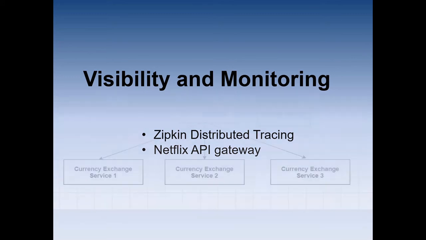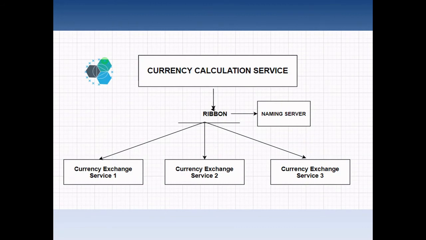Let's move ahead. Next is how the naming server and Ribbon come into the picture, which we saw in our last slide. Let's see the example. There is one service, and there are currency exchange services 1, 2 and 3, and this service wants to talk to them using the API.